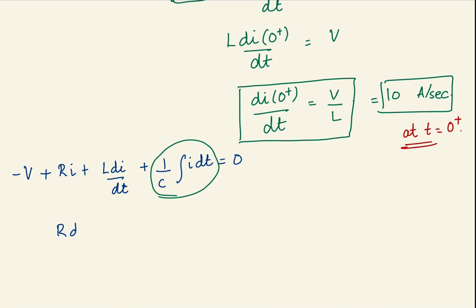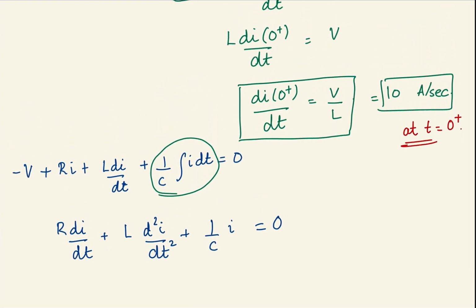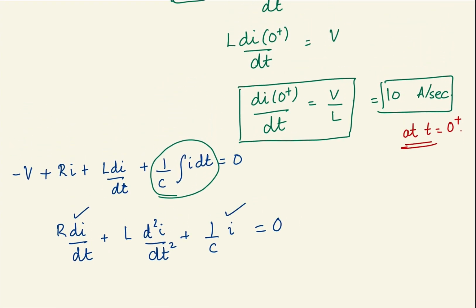So this will be R di by dt plus L d square i by dt square plus 1 over C i is equal to 0. Now this is known to us, so we can find this out.